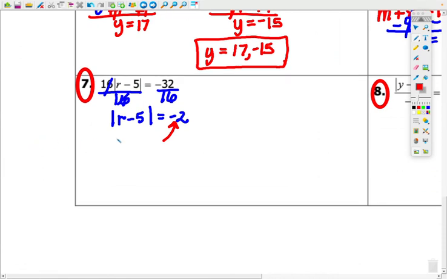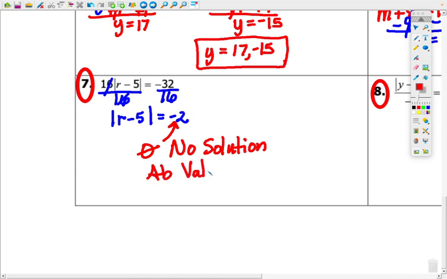So instead of trying to set it equal to the two cases, if the number's already negative there, then that's going to be no solution, because absolute value is always positive. So that's a trick question.